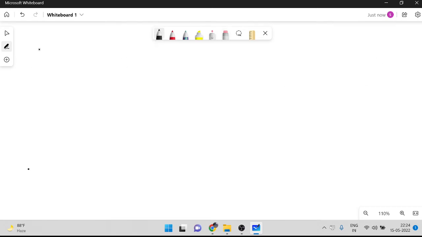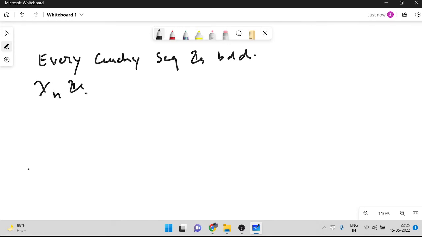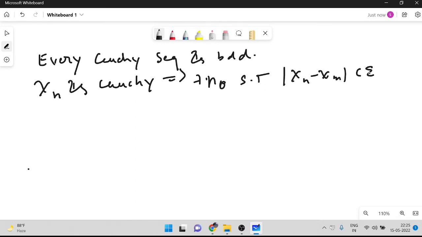Now I'll prove that every Cauchy sequence is bounded. Previously we proved that every convergent sequence is bounded. So Xn is Cauchy, which implies there exists an n0 such that mod of Xn minus Xm is less than epsilon for all n, m greater than n0.